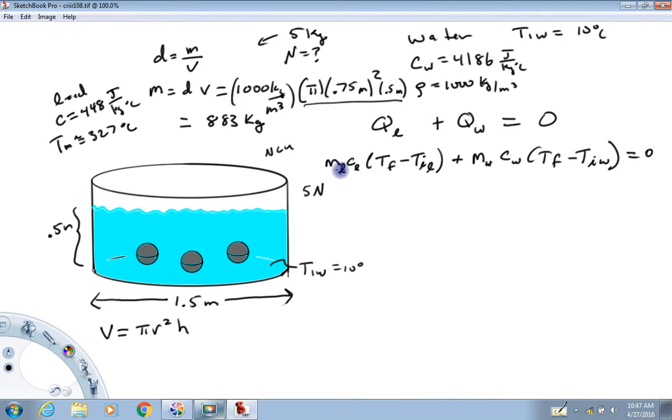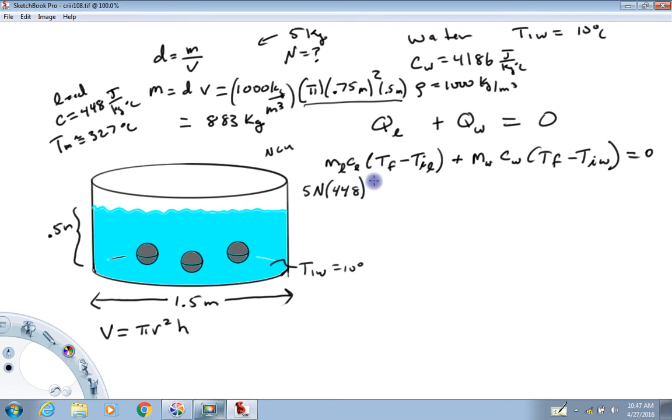So in the place of the mass, I'm putting 5N because it's 5 kilograms times however many there are, times the specific heat of lead, which is 448. Again, I'm going to leave out the units, but it's joule per kilogram degree centigrade.